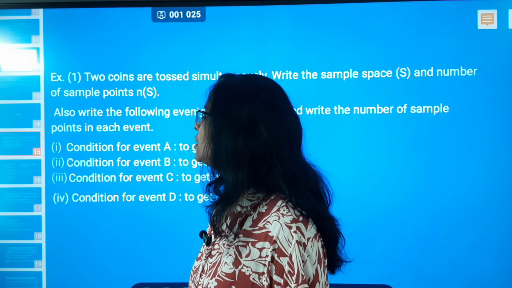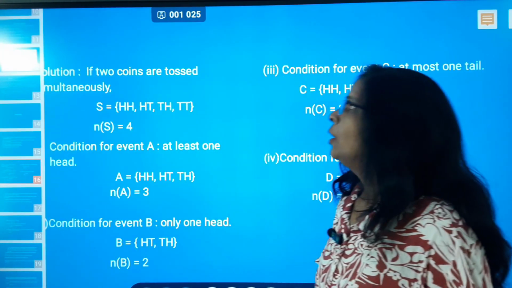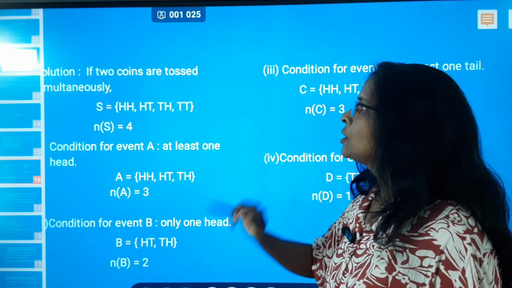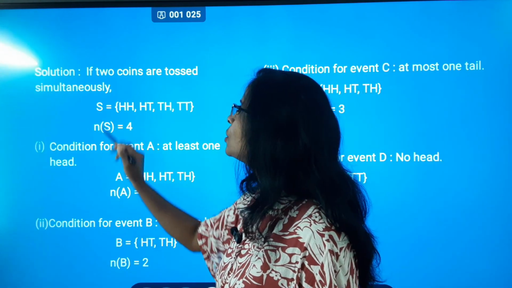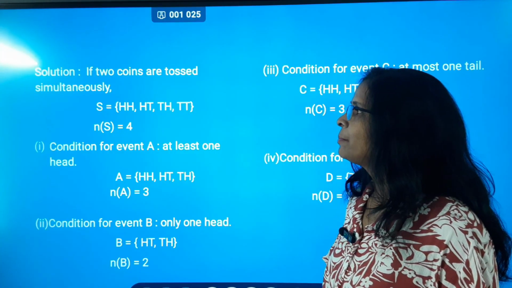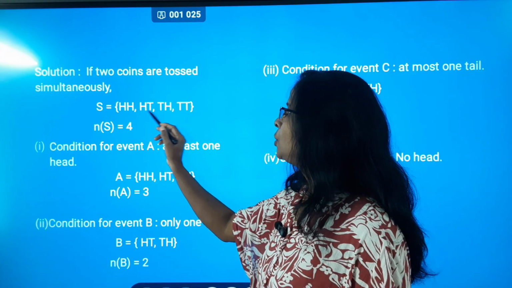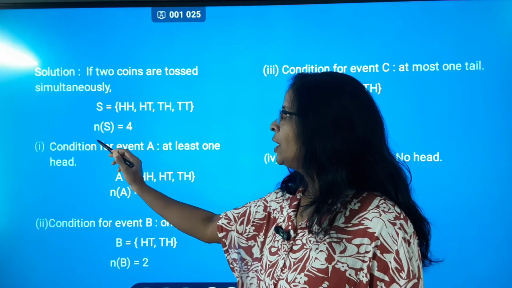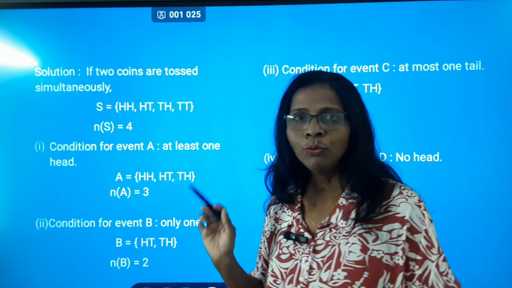So how can we find out? First we toss two coins. If two coins are tossed, then the sample space will be HH, HT, TH, TT. So n of S is equal to 4.